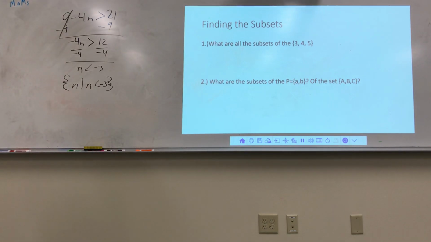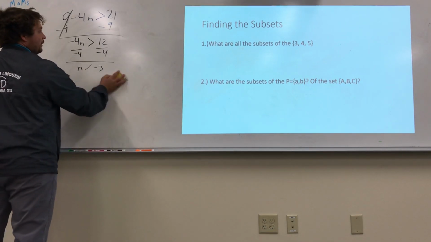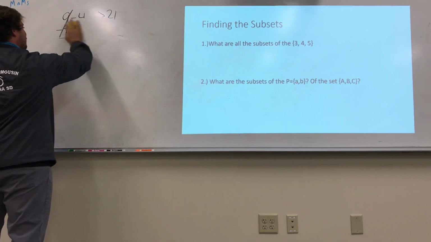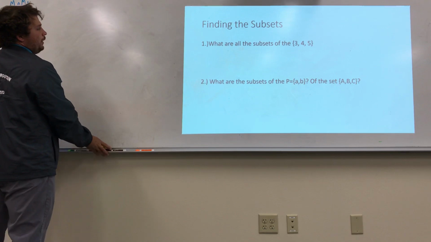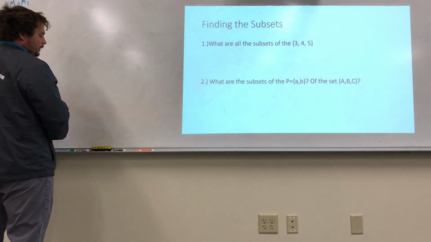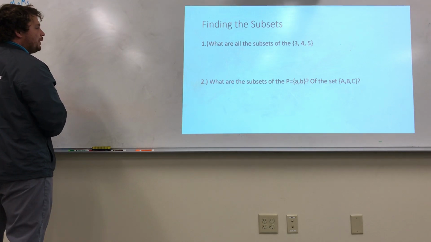What are all the subsets of 3, 4, and 5? The way I ended up explaining this to your classmates in class is, let's say 3 is a Snickers, 4 is a Reese's, and 5 is a Kit Kat. If I have a bag full, I'm grabbing each one.